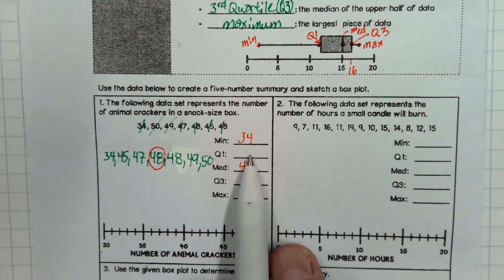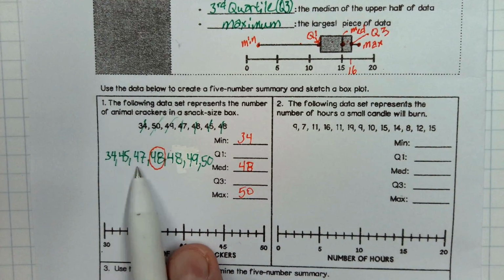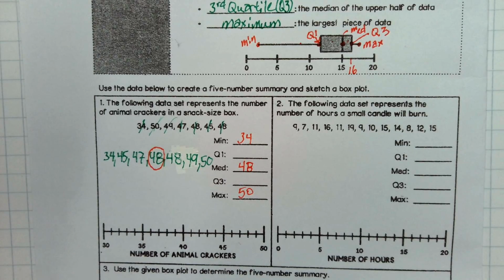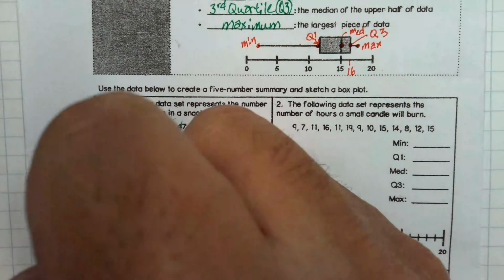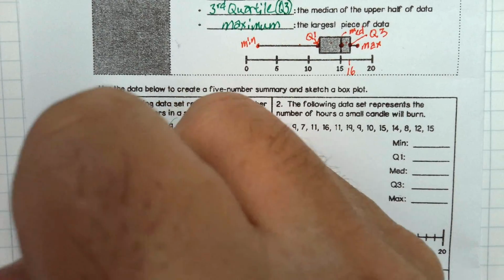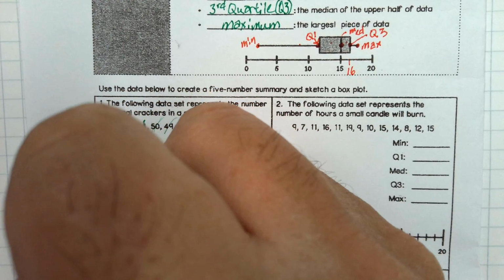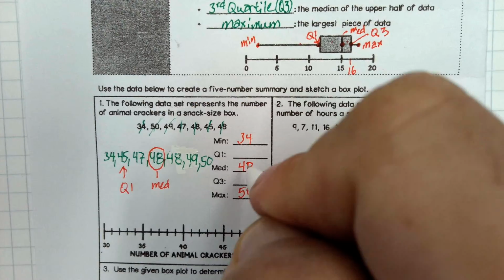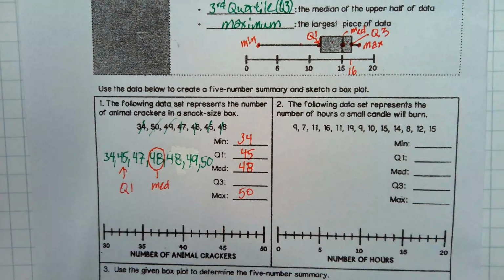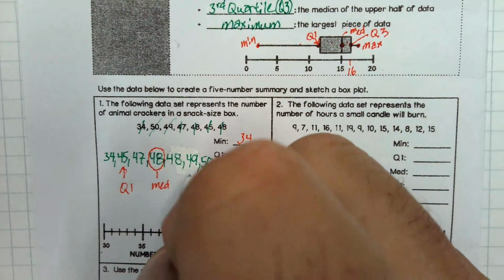So now to find Q1, we want to find the median, the middle part of this first half. What's the middle there? 45. So this is the middle for this half. This is Q1. And we want to do the same thing to the upper part.